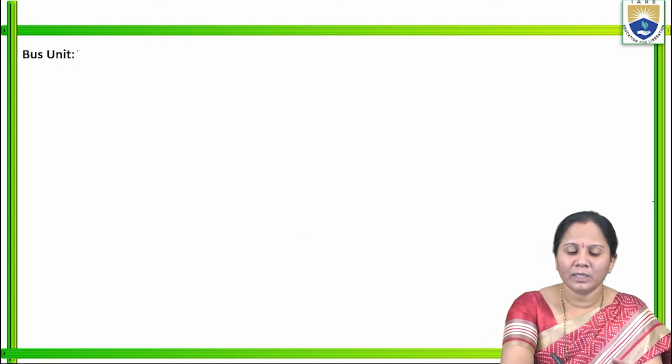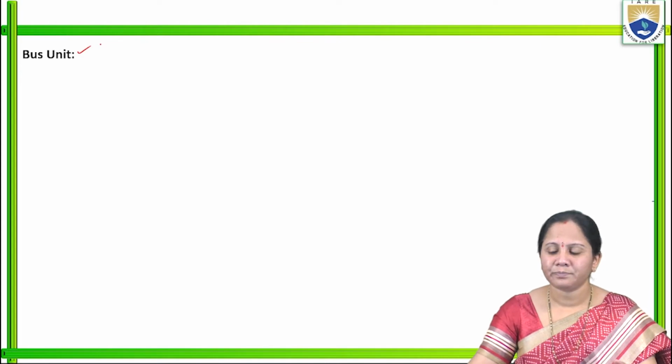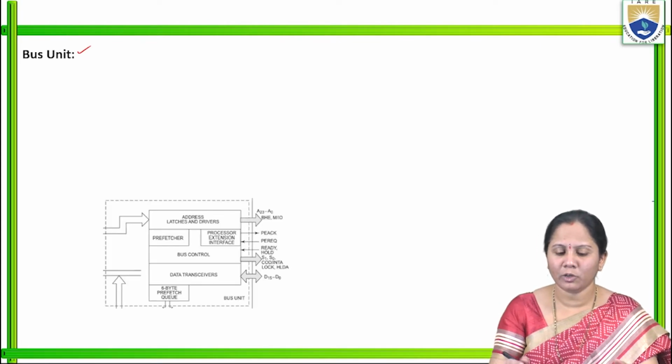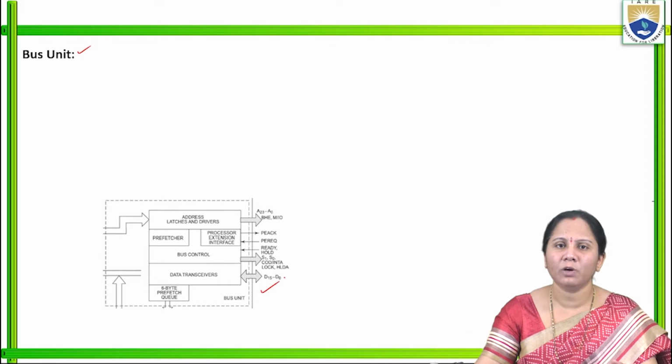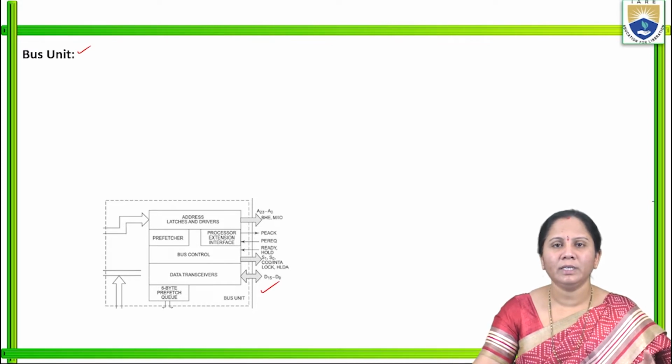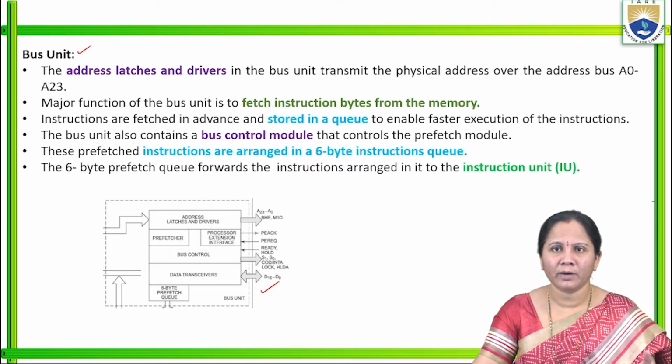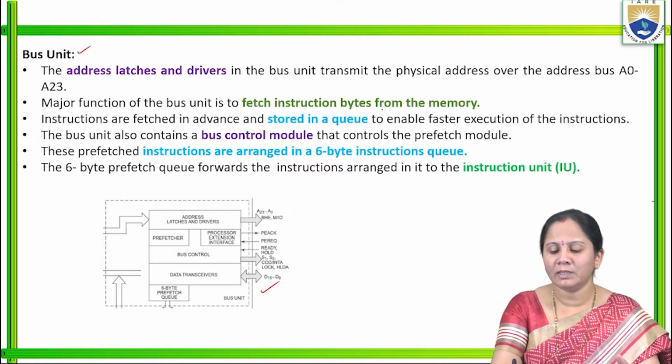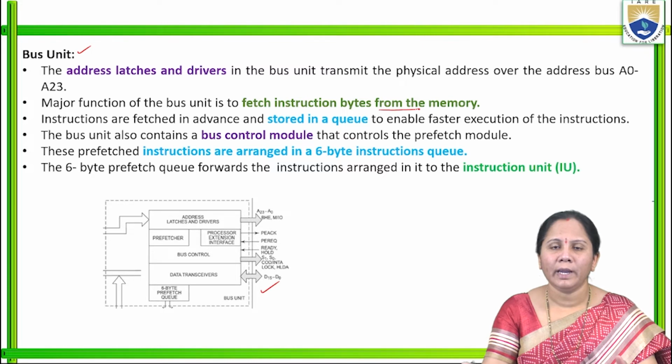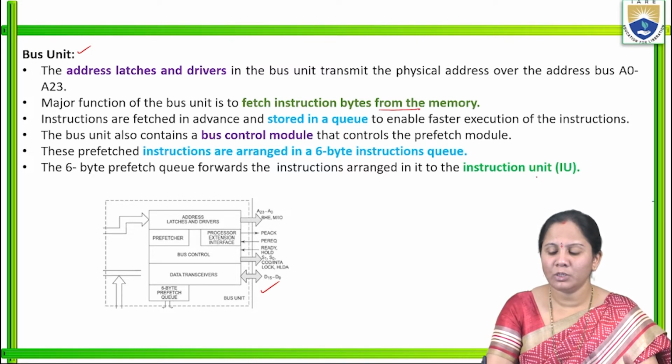And the second block is bus unit. All these blocks are available in the bus unit. Totally, the bus unit is used for fetching the instruction, and it will be placed in the queue. And that instruction from the queue will be given to the next unit, which is called instruction unit.